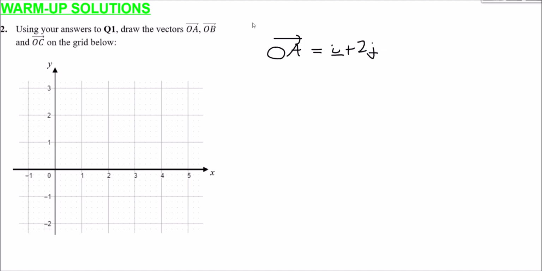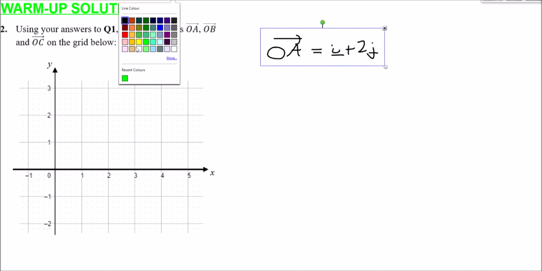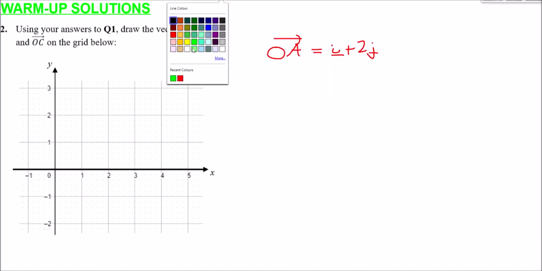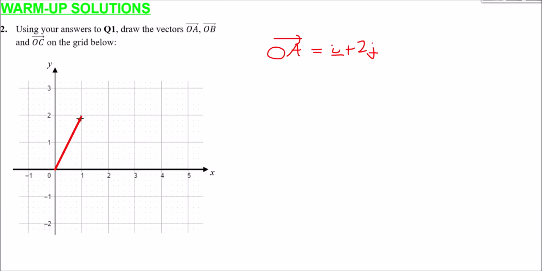So if I add in OA here, let's just colour in OA in a red colour, just so it's clear which ones I'm talking about. So OA, starting from the origin, 1 along, 2 up, like so. That was because point A was (1, 2), so this here is the vector from O to A.